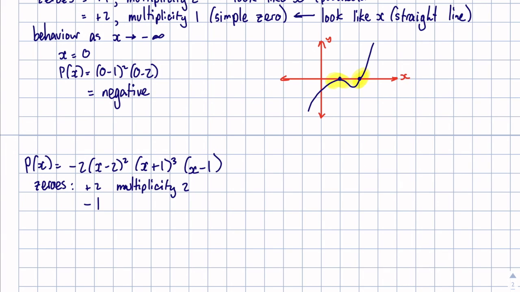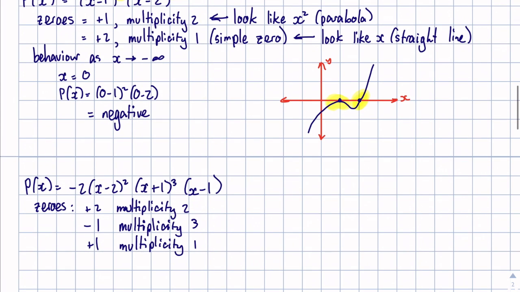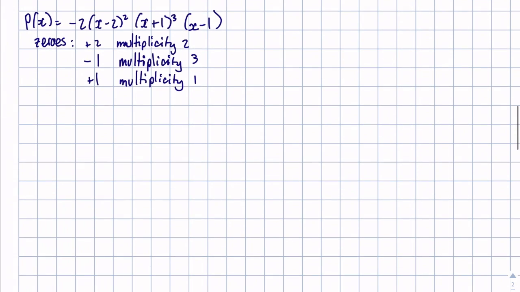We've got negative 1, and that's multiplicity 3. And we've got positive 1, and that's multiplicity 1.